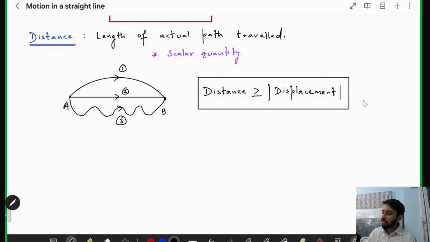That's the point here. Meaning distance can be equal to the magnitude of displacement or more than that. It cannot be less than that. That's the point here.